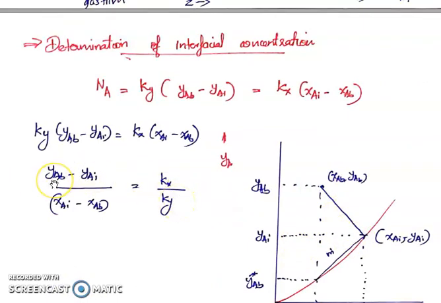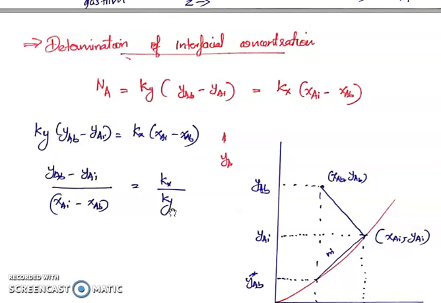So if we know the bulk gas phase and liquid phase concentration of A, from the slope of this line we can calculate the interfacial concentrations. But for that, what more is required? We need to know Kx and Ky. These are mass transfer coefficients. In previous classes, we discussed different methods to find the mass transfer coefficient.